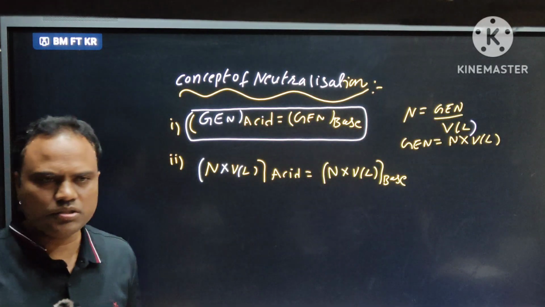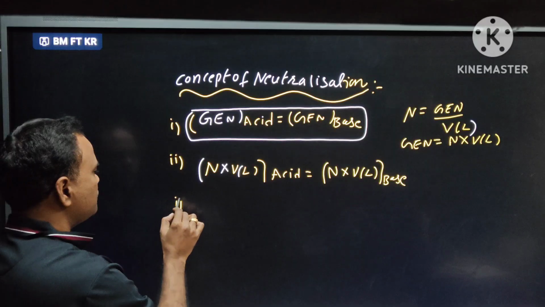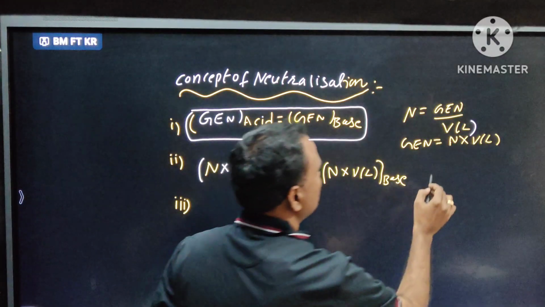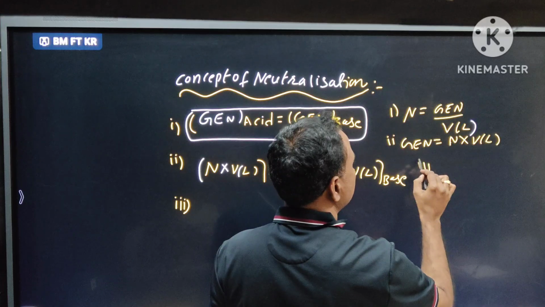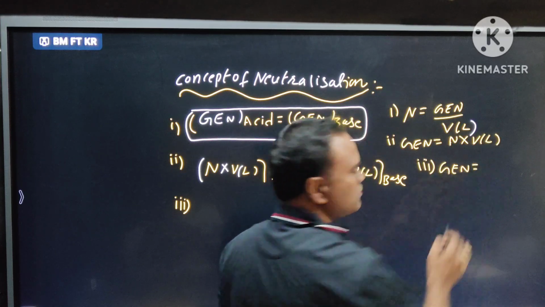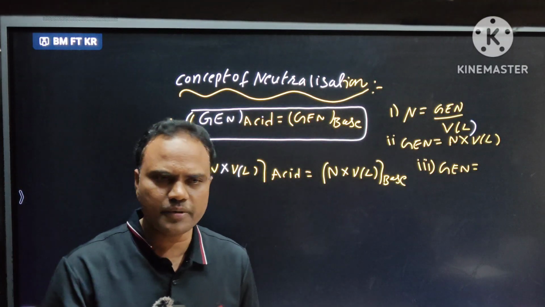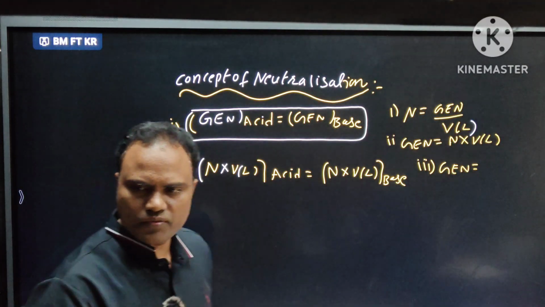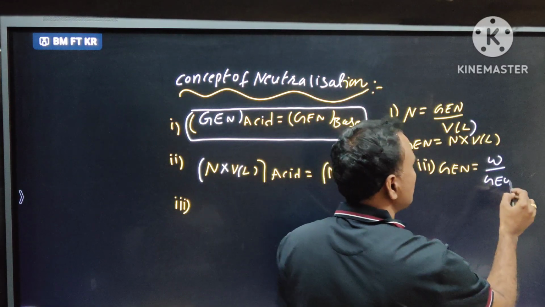We can expand the Gn. You know the number of moles formula: number of moles is equal to weight by gram molecular weight. Number of gram equivalents is equal to weight by gram equivalent weight.